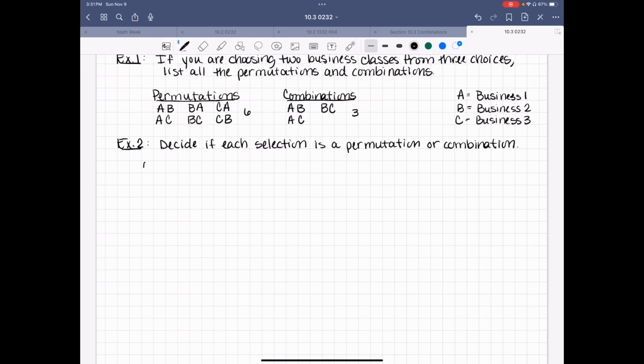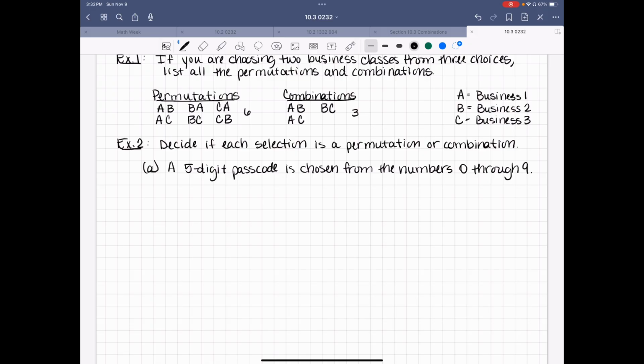Okay, A says a 5-digit passcode is chosen from the numbers 0 through 9.